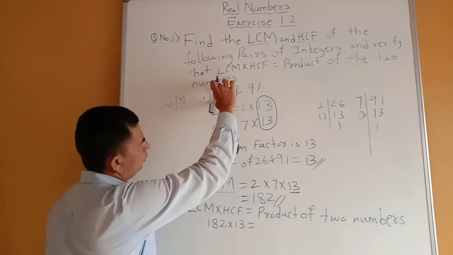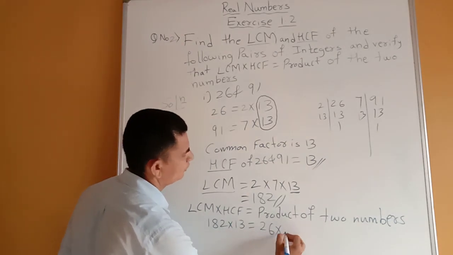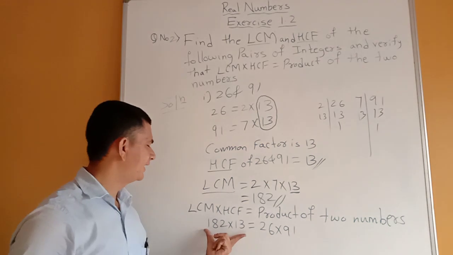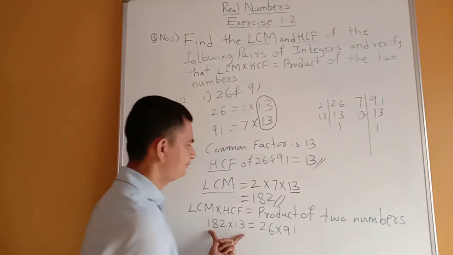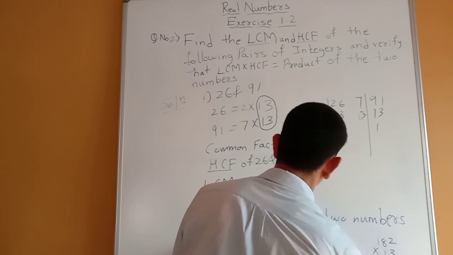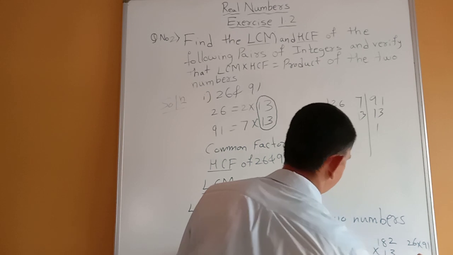What is the question? 26 and 91. So we have to write 26 into 91. Now we have to multiply this 182 into 13 and 26 into 91.